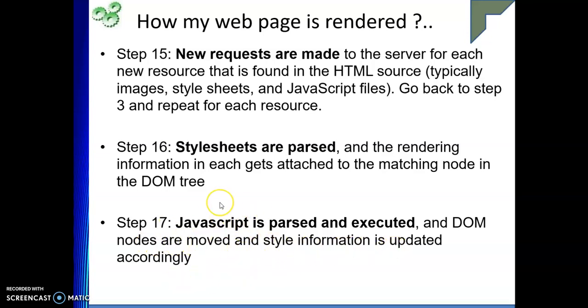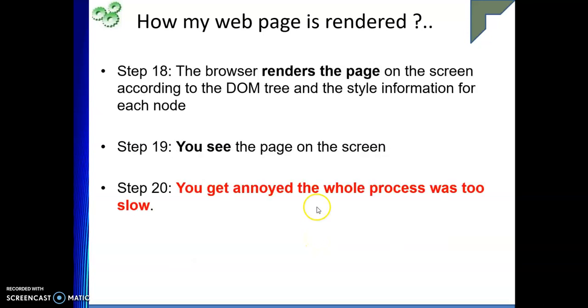When you learn JavaScript, you will understand some events are there, like on load, right? So at that particular point, it will be parsed and executed itself. Okay, so by now, step 18, the browser renders the page on the screen. Now it starts rendering the page on the screen according to the DOM tree and the style information for each of the nodes, and you start seeing the page on the screen.